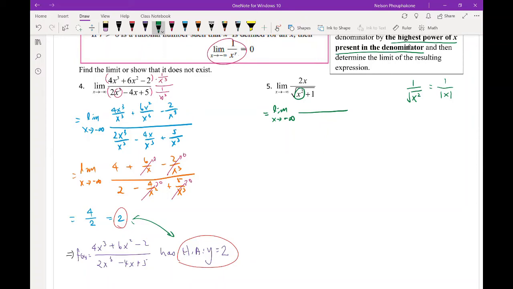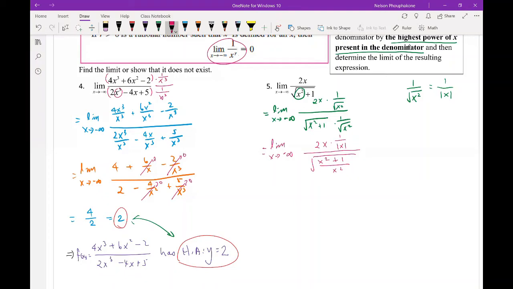So I will have 2x multiplied by 1 over square root of x squared, and x squared plus 1 multiplied by 1 over square root of x squared. Then in the denominator, I will be able to combine them together. And in the numerator, we know that this is the absolute value of x.